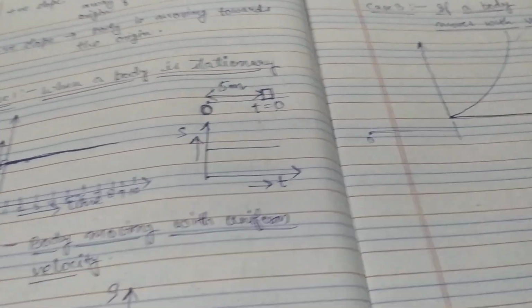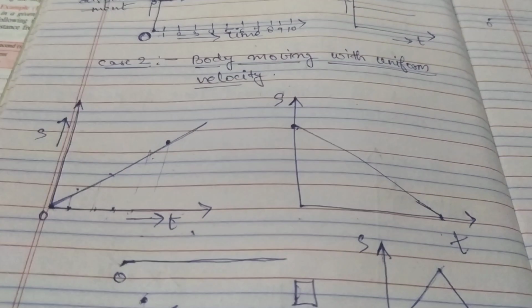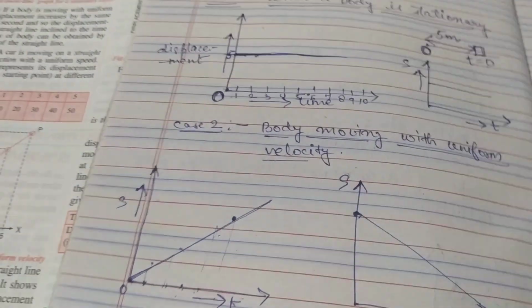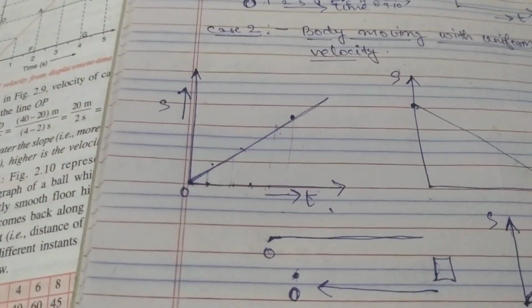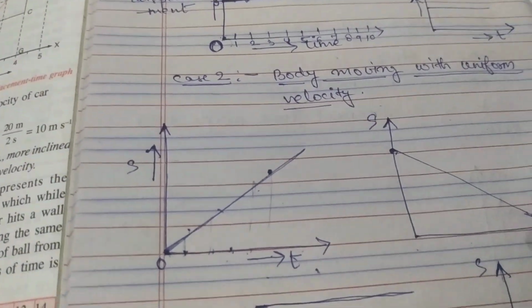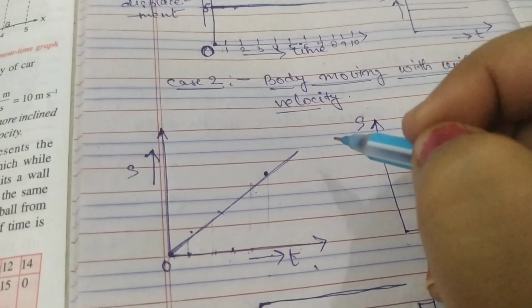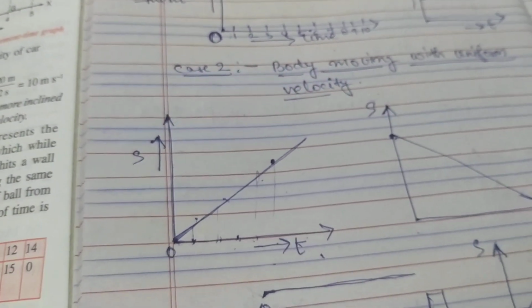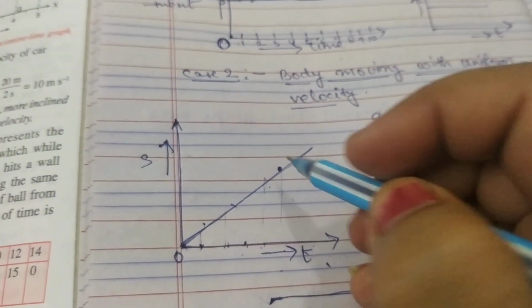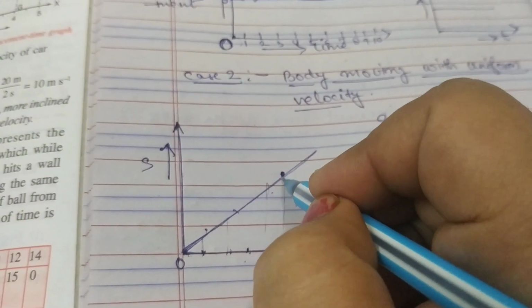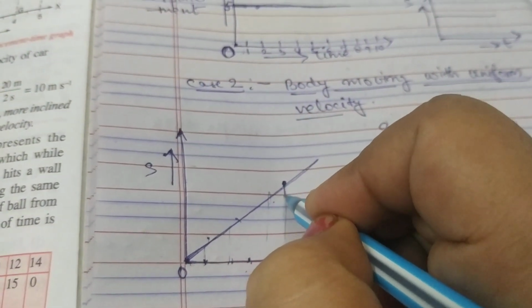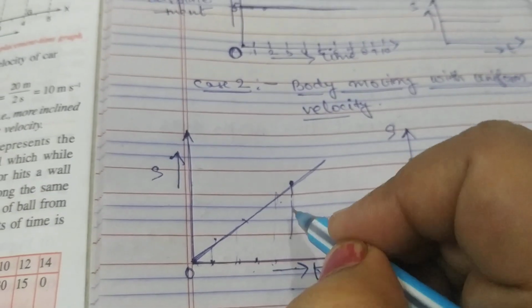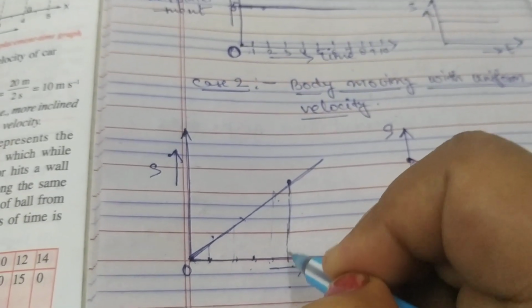Now talking about the slope. Slope of a body, what is a slope? Let me explain it to you. Whenever there is a graph and we have this line, slope of a line means this: we drop a perpendicular from here to the x-axis.